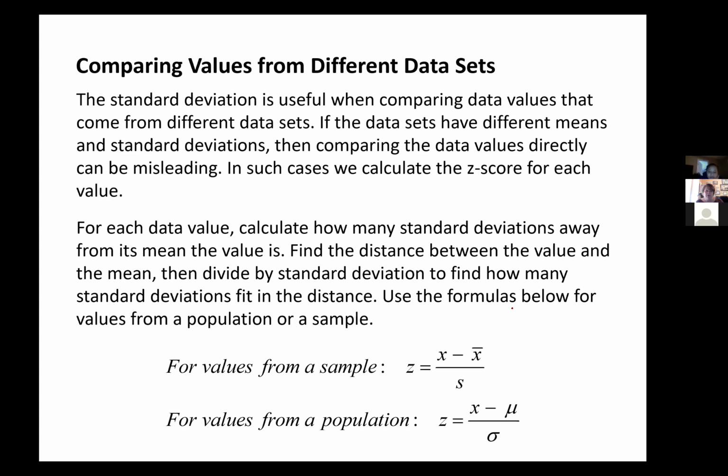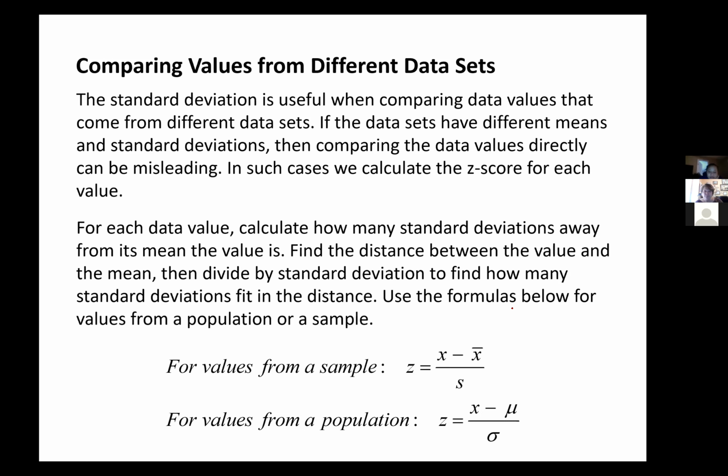For each data value, calculate how many standard deviations away from its mean the value is. So that's what the z-score tells you. So you've taken a set of data, you've calculated the mean, and you've calculated the standard deviation. Now you can look at a particular data value in your set of data and determine how many standard deviations from the mean that particular data value is.